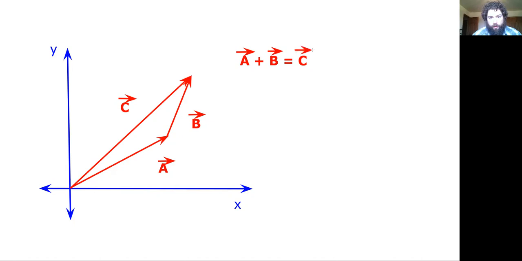But you can usually just do these bold, or you put the arrow over them, and I'll put the arrow over them so we don't get confused. Okay, so some of the properties of these vectors: A plus B equals C, and I'll show you here that we could do it the other way around. So there's C, and I can take this vector B and put it at the origin there.